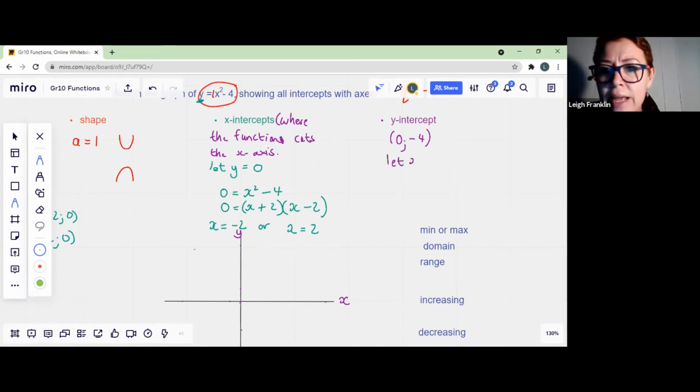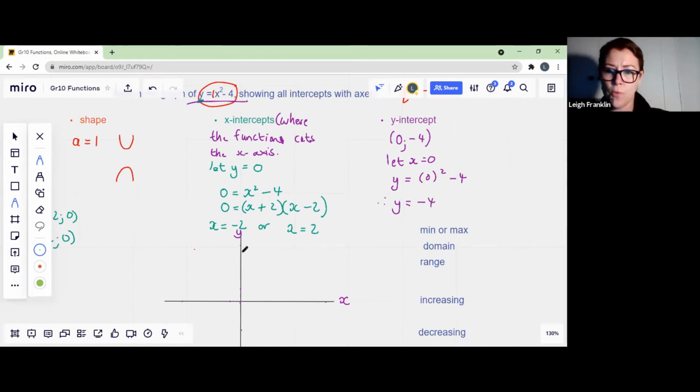If we let X be equal to 0 and use our same formula from up here, we have Y equals 0 squared minus 4. That's why Y would be equal to negative 4. All right, so that's where it comes from. So this Y-intercept is also going to be our turning point.